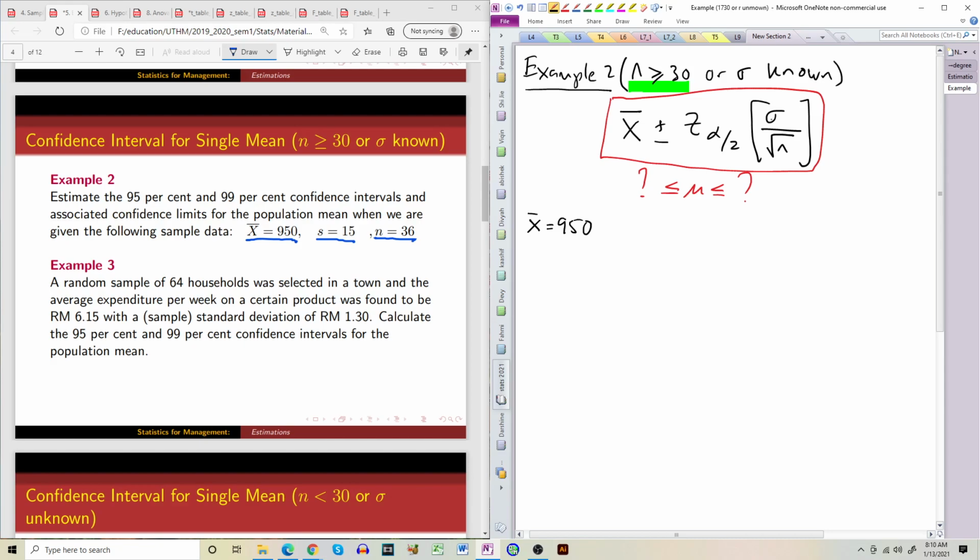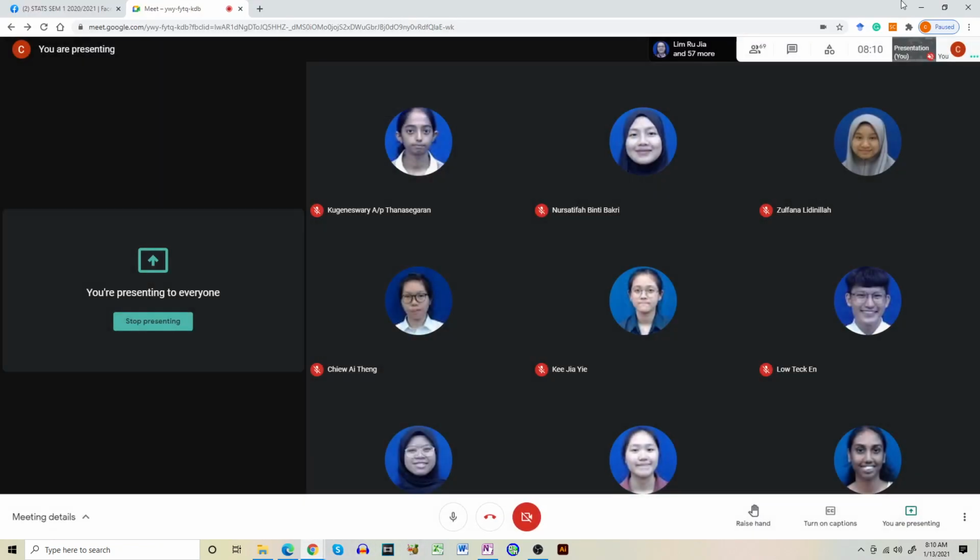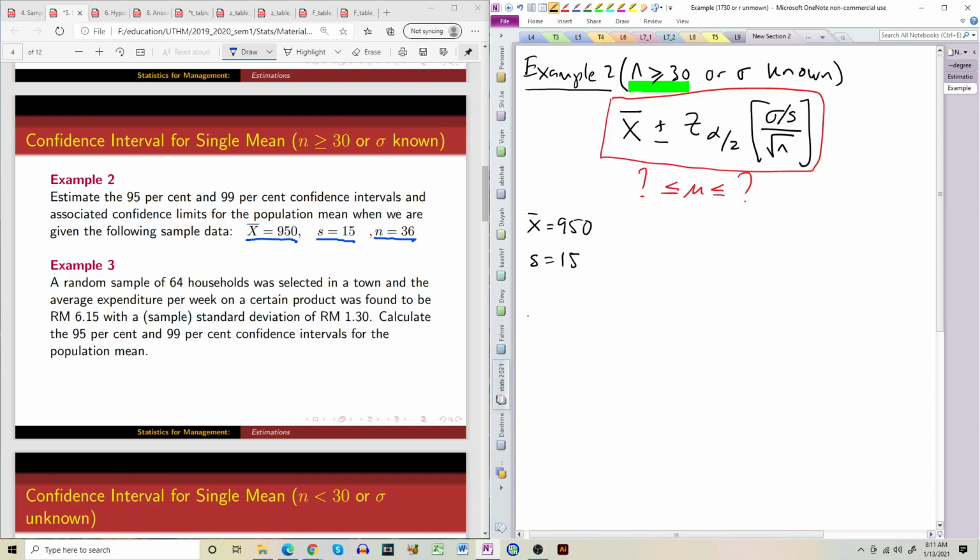If they don't give you the standard deviation of the population, you can replace this by S. S is what? Standard deviation of the sample. So here sigma is not given, so I'm going to replace that with the standard deviation of the sample. This is not a division, it's either sigma or s, either one. Replace either one. I hope you guys understand. Don't get confused here.